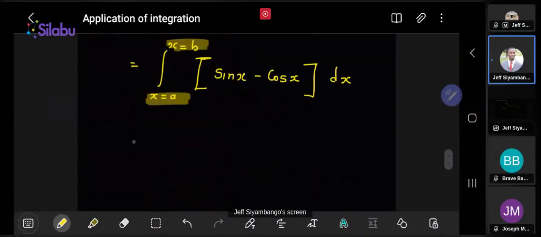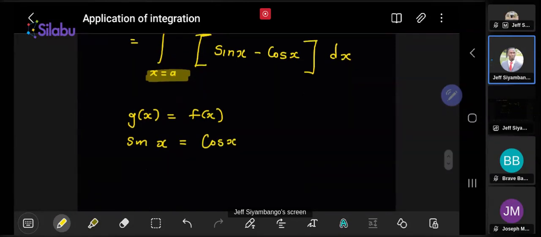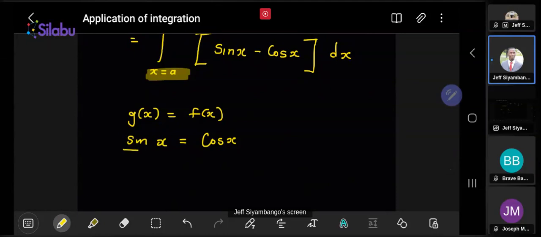At what points do I expect g of x to equal f of x? g of x is sine x, and f of x is cos x. All we're looking for is, for what values of x do we expect these two to be equal?